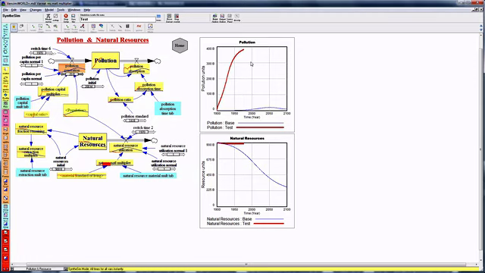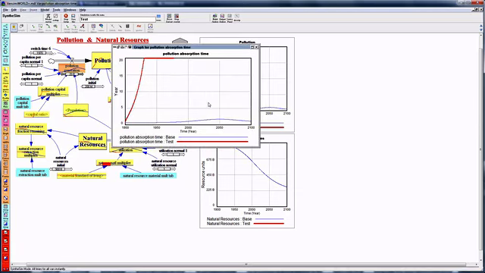As pollution rises to a very high level, as you can see in the graph here, you'll notice that the pollution absorption time, which was formerly under a couple of years, has gone up dramatically and saturated at 20 years.